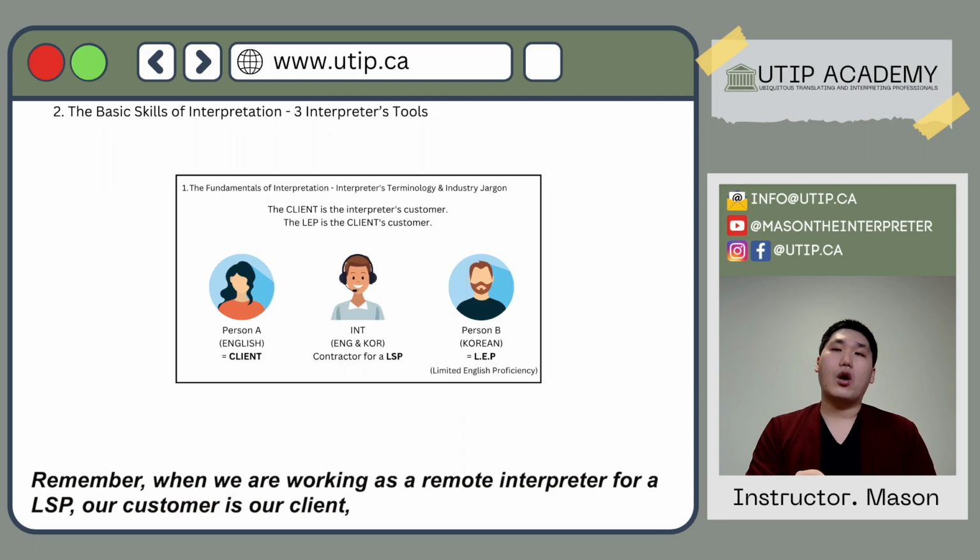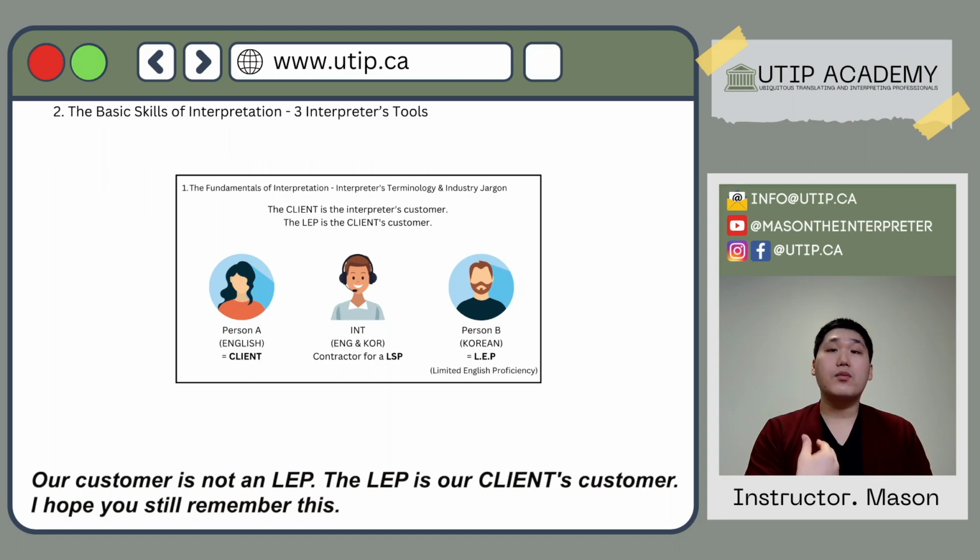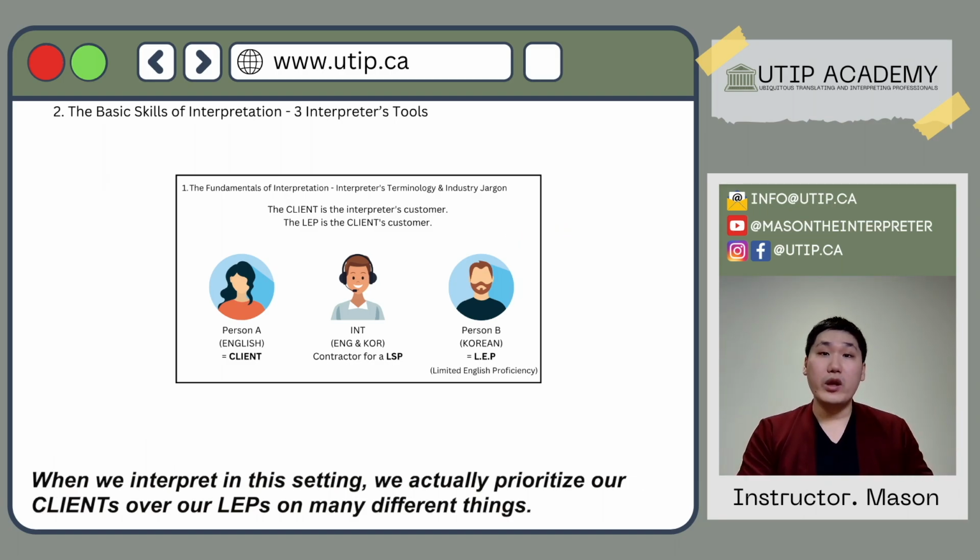Remember, when we are working as a remote interpreter for a LSP, our customer is our client. Hence, the reason why we call them a client. Our customer is not an LEP. The LEP is our client's customer. I hope you still remember this. When we interpret in this setting, we actually prioritize our clients over our LEPs on many different things.